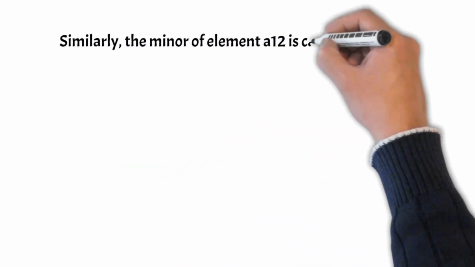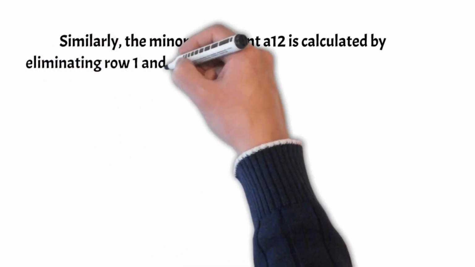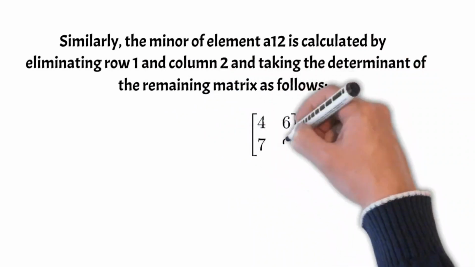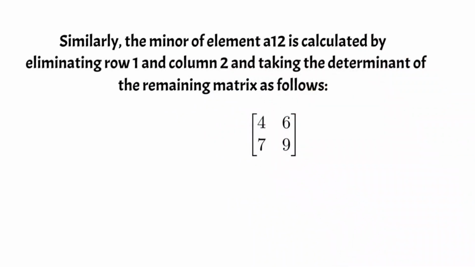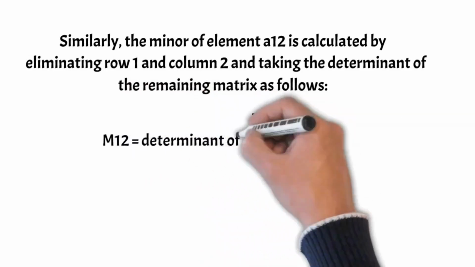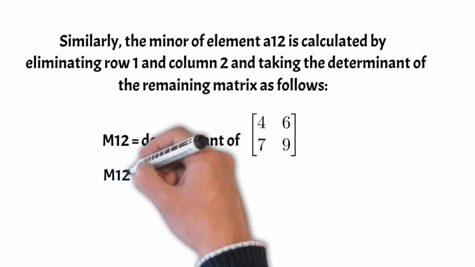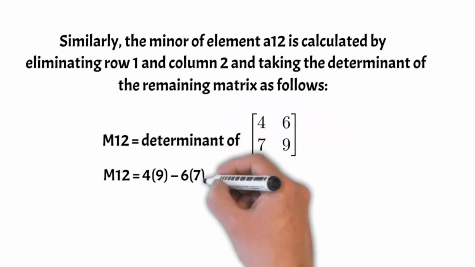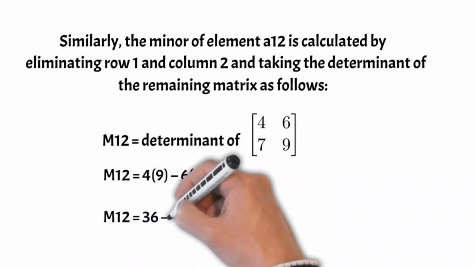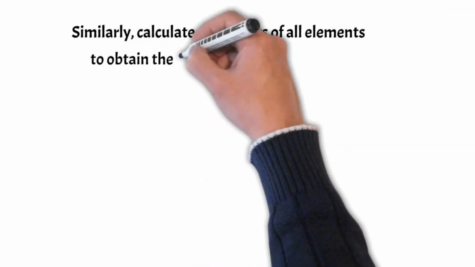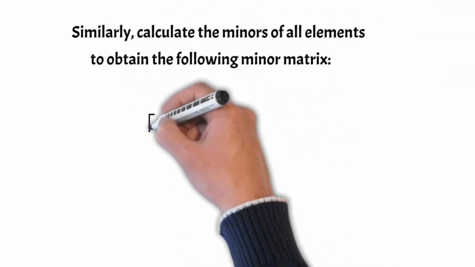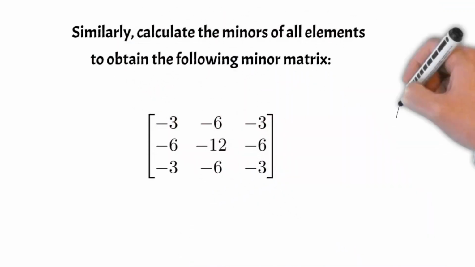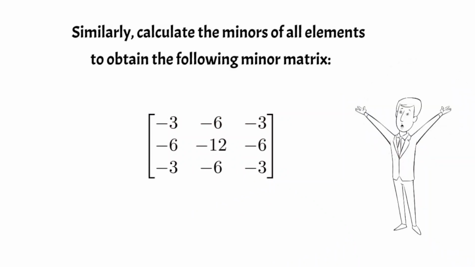Similarly, the minor of element A12 is calculated by eliminating row 1 and column 2 and taking the determinant of the remaining matrix as follows. M12 equals 4 times 9 minus 6 times 7. And M12 equals negative 6. Similarly, calculate the minors of all elements to obtain the following minor matrix, down below.